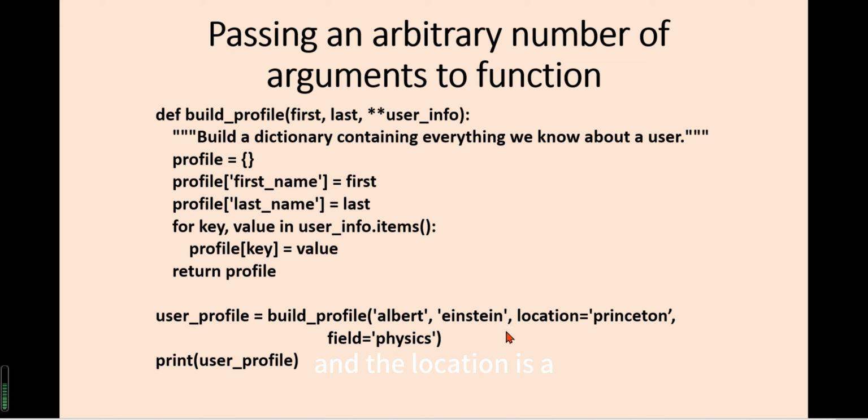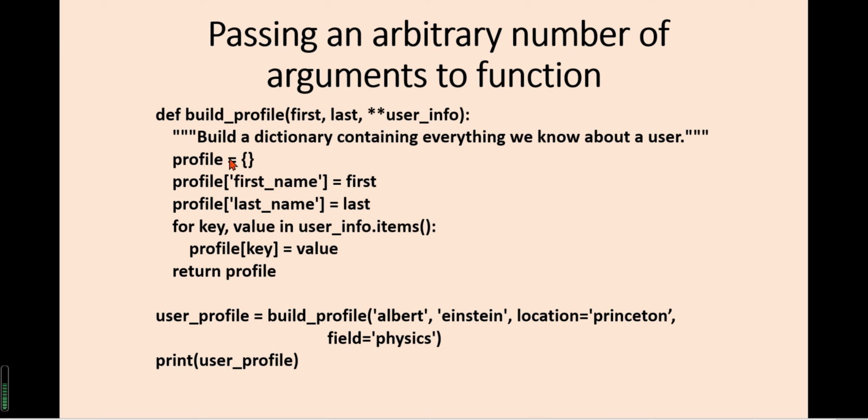And the location is, we know a dictionary stores the association between keyword and value. So these keyword-value pairs will be assigned and appended in this dictionary, and this field physics will also be appended into this dictionary.